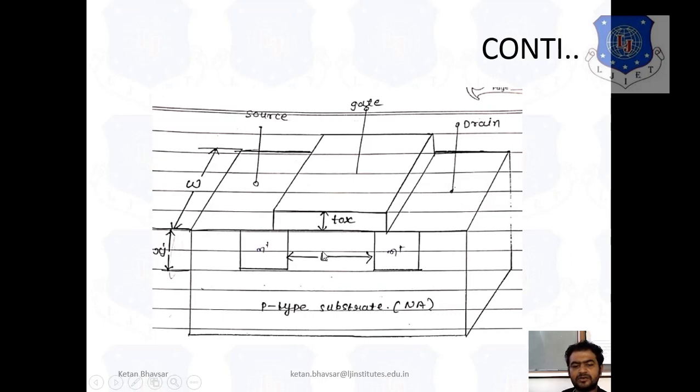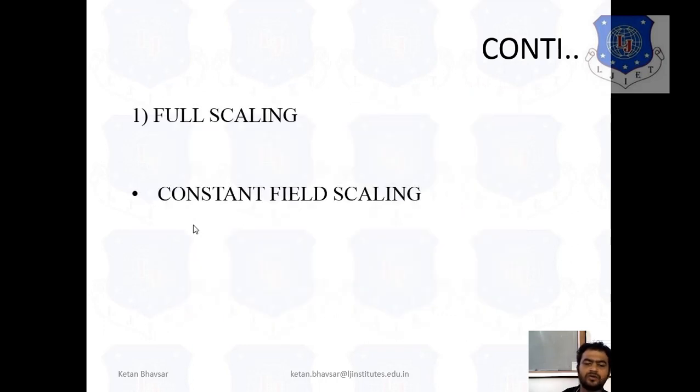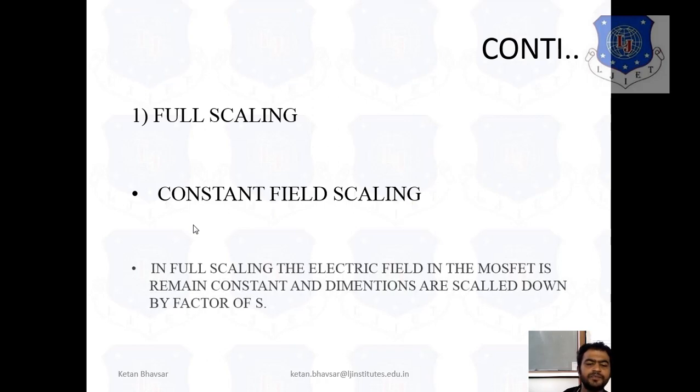These are the basic constants we have to take care of when we discuss the scaling factor, and these are the physical parameters: length, width, dimensions, thickness, which we have to convert into specific physical parameters. Now full scaling is also called constant current scaling or constant field scaling, as I already told you.